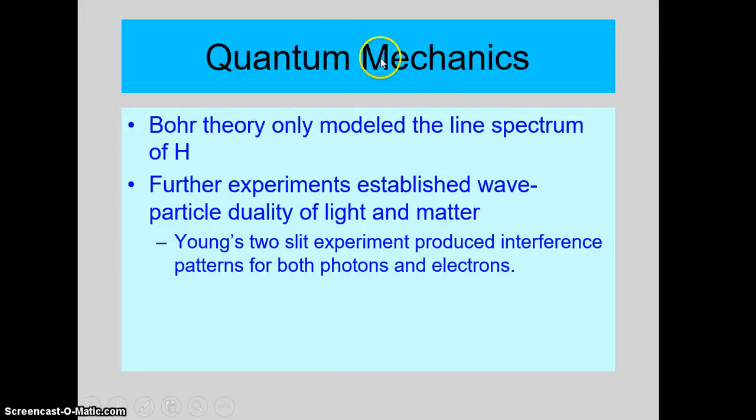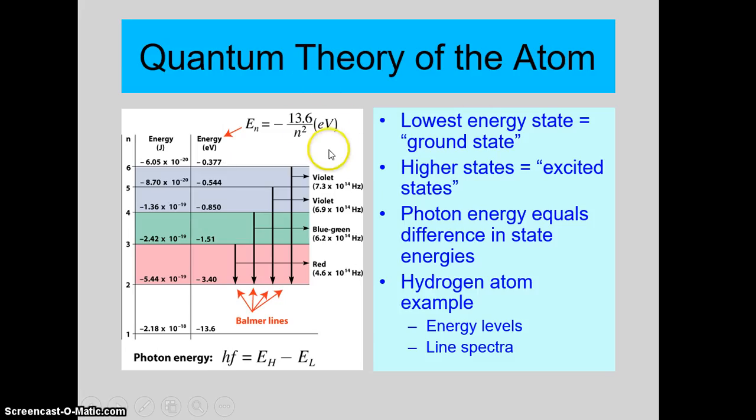All right, so here's the thing. This was around 1913, and here's the problem with the Bohr model. It worked spectacularly, explaining the spectrum of hydrogen, but that's it. That's the only thing it can do.